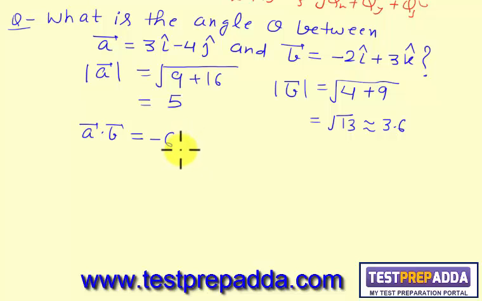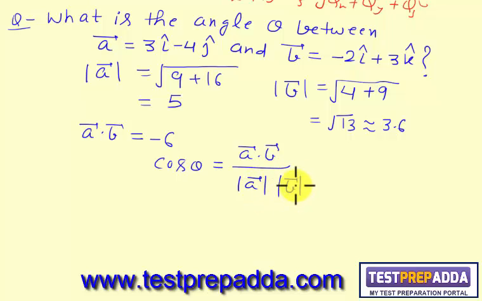Now, we know cos theta can be written as A dot B upon magnitude of A and magnitude of vector B. So it will be minus 6 upon 5 into 3.6.